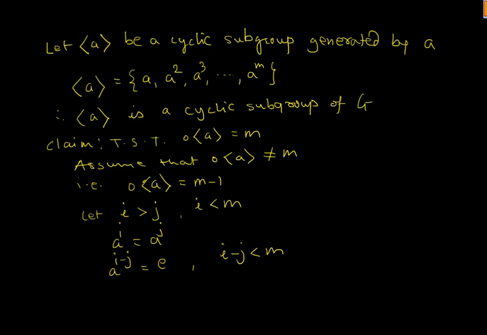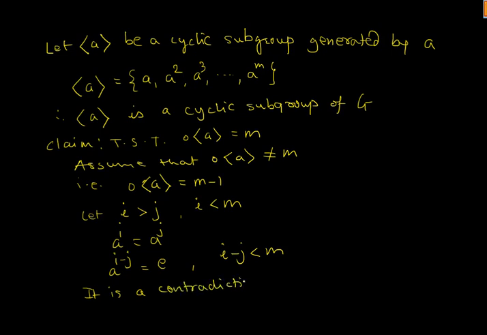Then no integer less than m can be the order of a. But here i minus j, which is less than m, is becoming the order. It is not possible. It is a contradiction.